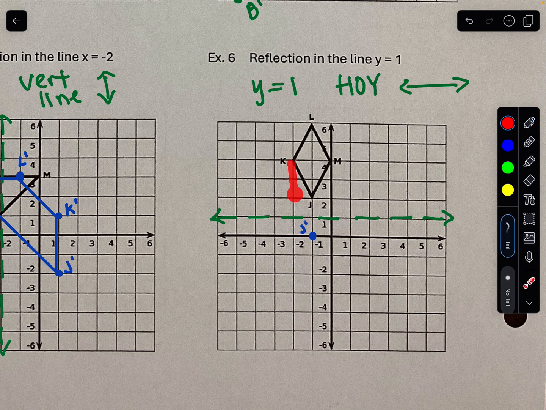K, 1, 2, 3 units away, 1, 2, 3 on the other side. Same thing with M. M is 3 units down, M prime. And then L is 1, 2, 3, 4, 5. 1, 2, 3, 4, 5.